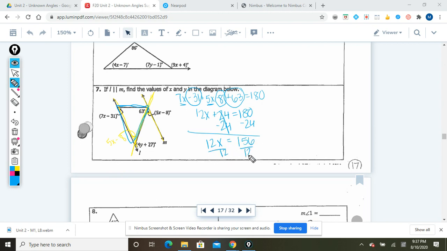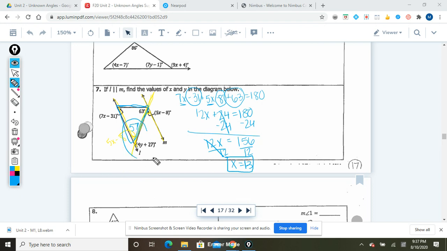Divide by 12, and I get x equals 13. Okay? Well, now if I know this is 13, 5 times 13 is 65, minus 8 is 57.